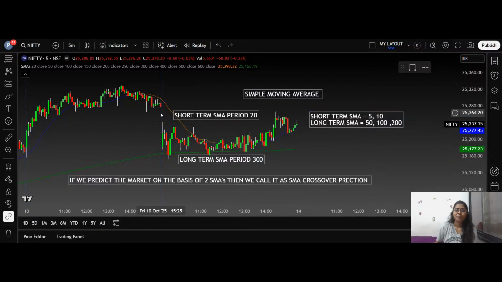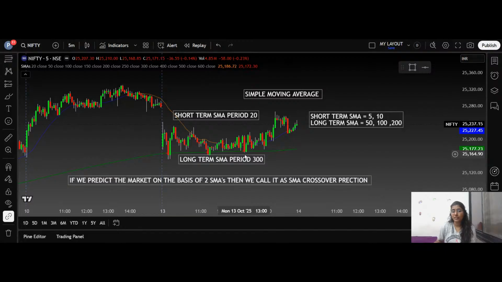Now, when we have one line of short term period and another line of long term SMA, we have to predict the market. Either it will be bullish or bearish or sideways. So we are using one short term SMA and one long term SMA to predict the overall stock market.